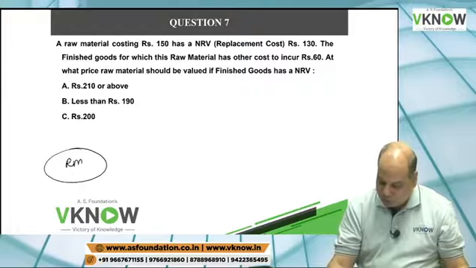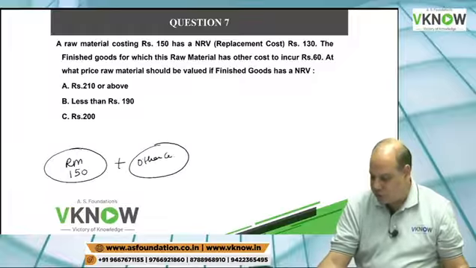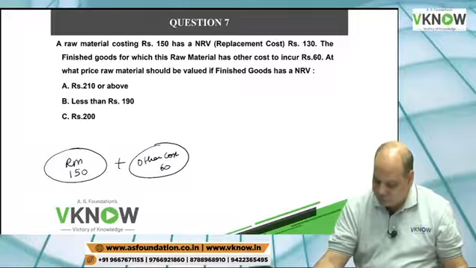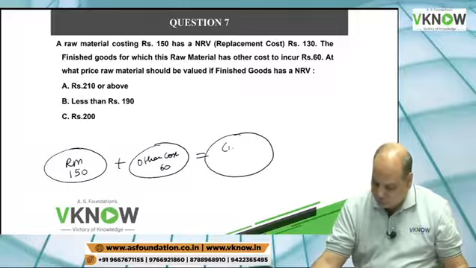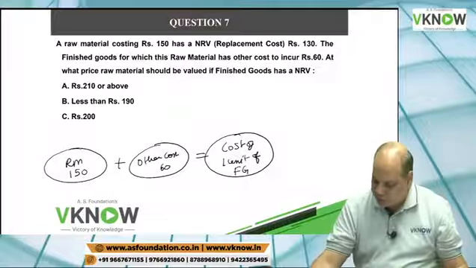Raw material cost 150. Other cost 60. Cost of 1 unit of FG, finished goods, is 210.